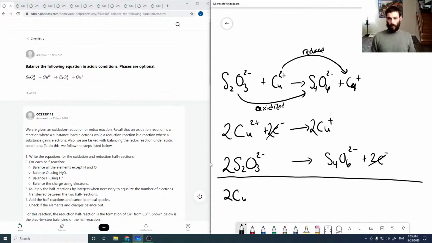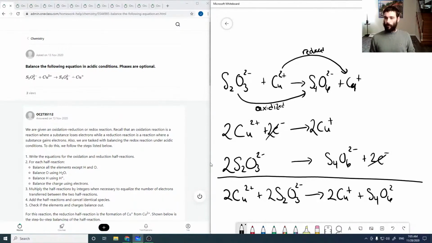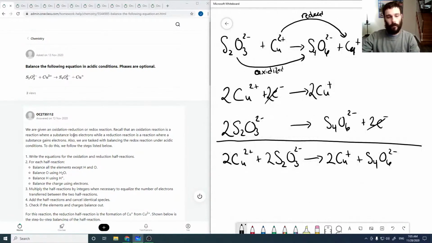Then we get 2 Cu 2 plus plus 2 S2O3 2 minus gives us 2 Cu plus plus S4O6 2 minus. And that's our balanced redox reaction. And again, it being acidic or basic doesn't matter here, only because there weren't spare oxygens or hydrogens. But that's our balanced reaction.